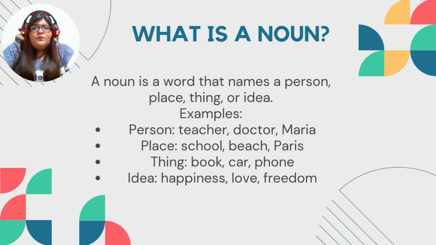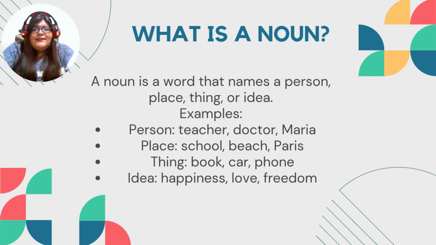Then we have here what is a noun? A noun is a word that names a person, place, thing, or idea. For example, person, right? Teacher, doctor, Maria. Place: school, beach, Paris. Thing: book, car, fun. Idea: happiness, love, and freedom. Do you remember?